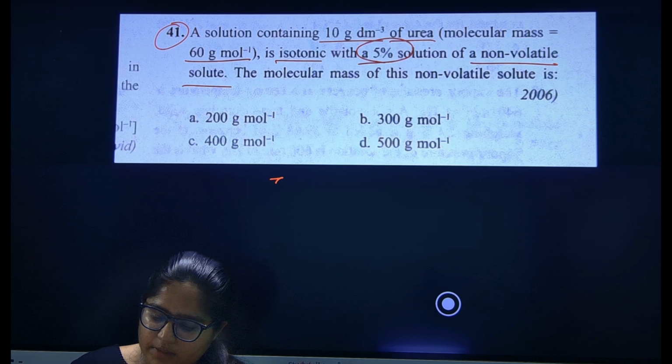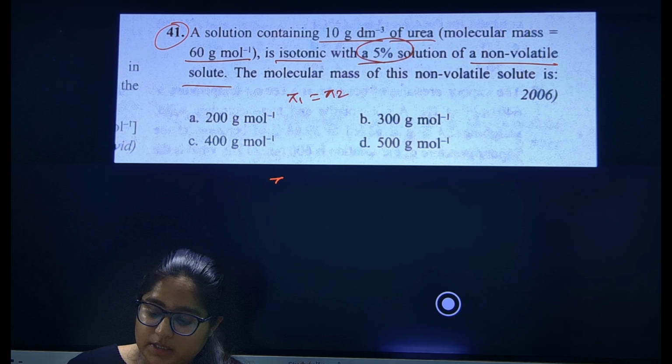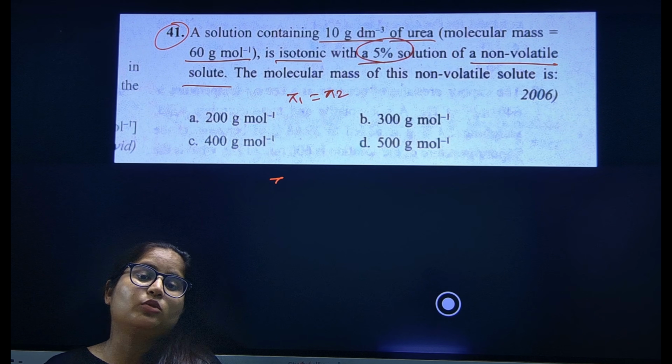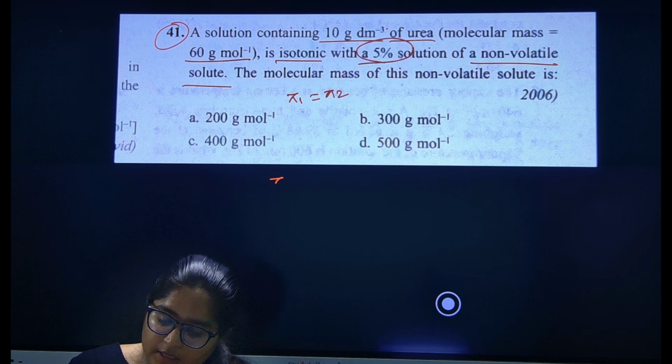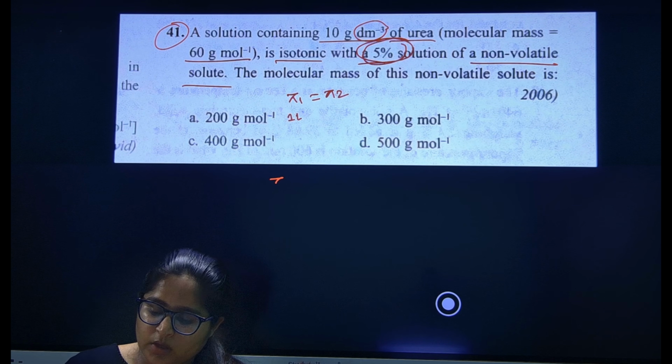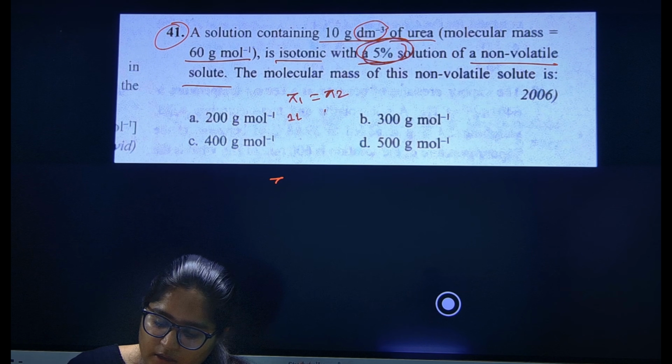Isotonic means we know pi 1 equal to pi 2. So here one thing is there, mole 1 equal to mole 2 here you can't do. Why you can't do here? Because here volume is different. Here decimeter cube means 1 liter. For urea volume is 1 liter and here 5% solute, so 5% means here 100 ml.